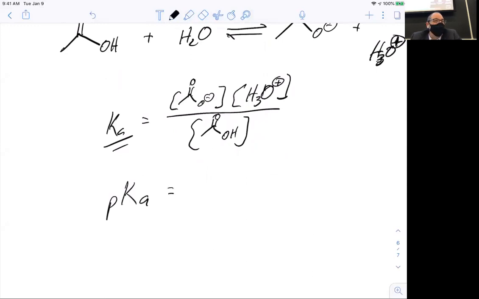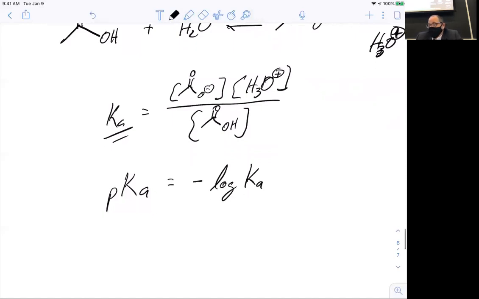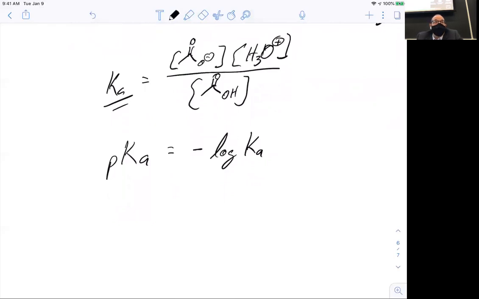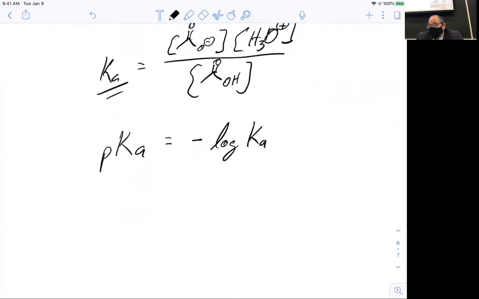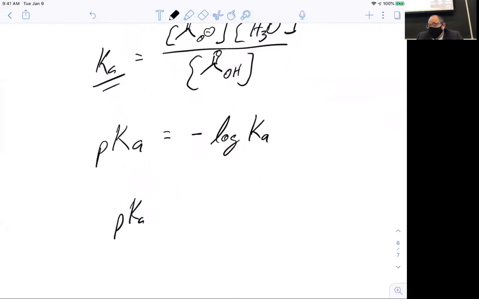We don't use Ka very often. We use pKa, and pKa is the negative log of Ka. There's going to be a set of pKa's that you need to know. The first one that you need to know exactly is the pKa for water, and that's 15.7.